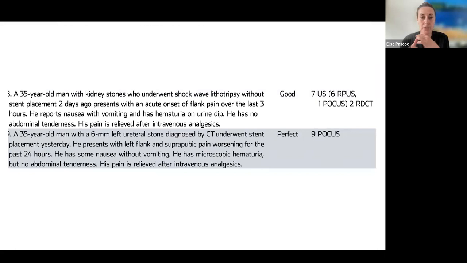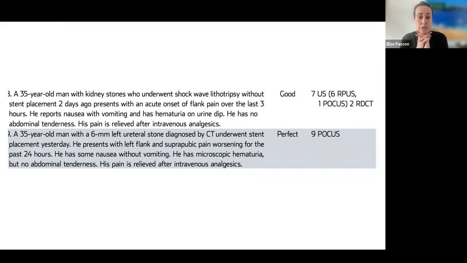35-year-old man who had lithotripsy with no stent 2 days ago, comes back with pain, and pain's getting better. All of them said either an ultrasound or a CT for this guy, mostly because they want to look for a hematoma. For a man who has had a stent put in yesterday and represents with pain, I think most of us would have a knee jerk to a CT KUB.